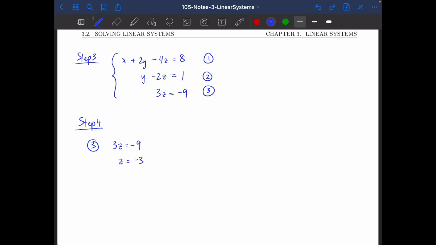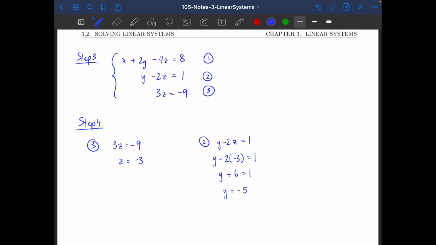Moving on to equation 2, y minus 2z equals 1. I have just found that z is equal to minus 3, so I'll use that to find y. y minus 2 times minus 3 equals 1. y plus 6 equals 1, and so y must be equal to minus 5.